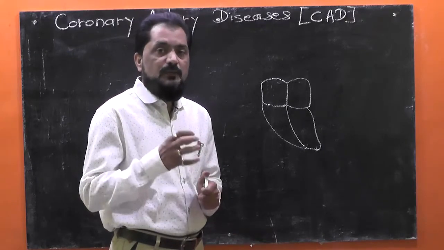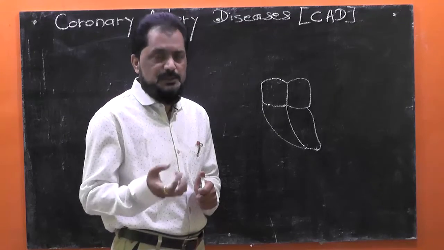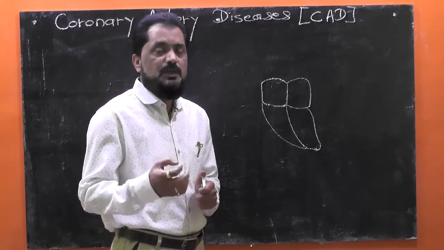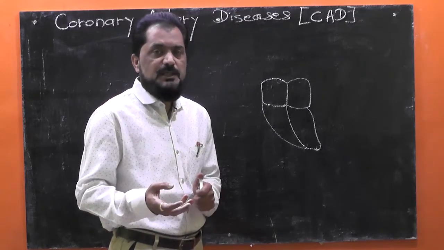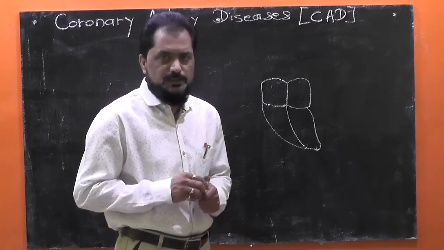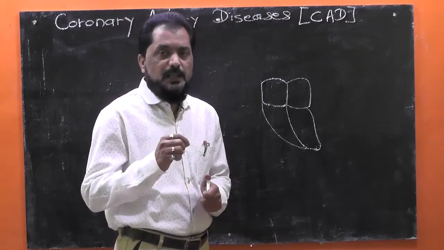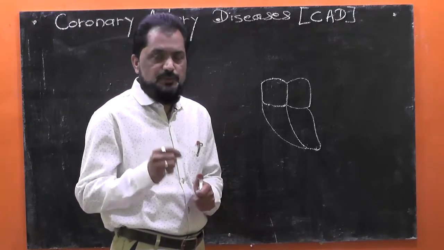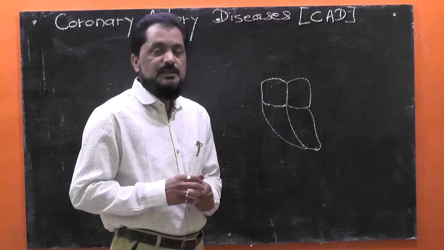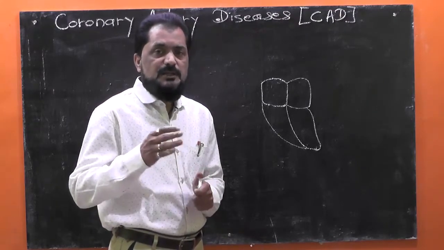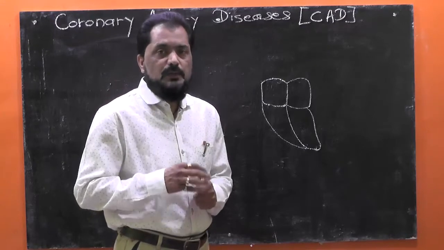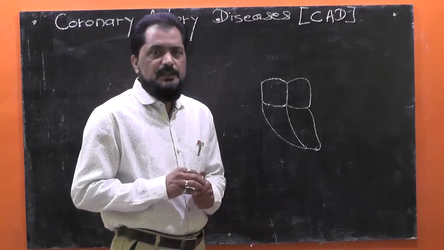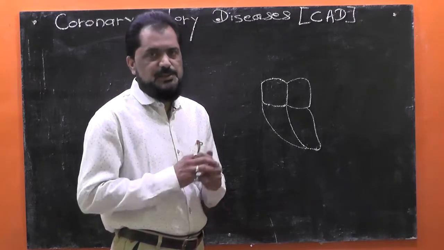Now, for the efficient working of the cardiac muscles, it continuously requires the supply of oxygen and nutrients, as well as the carrying away of carbon dioxide and metabolic waste materials.